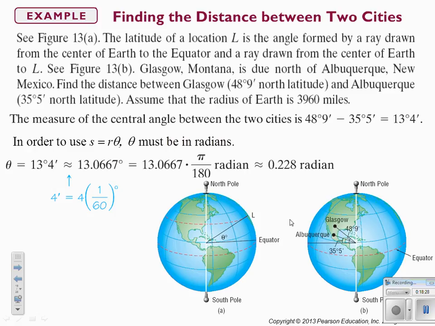That's our arc length. We know that the angle between them is 0.228. We know that the radius of the Earth is 3,960. So we're going to take the 3,960 times the radians, and we get approximately 903 miles.